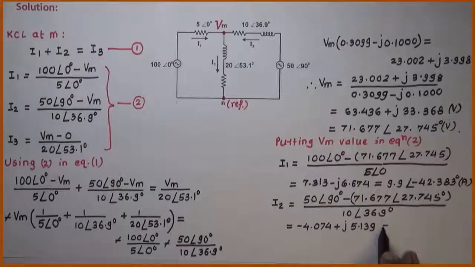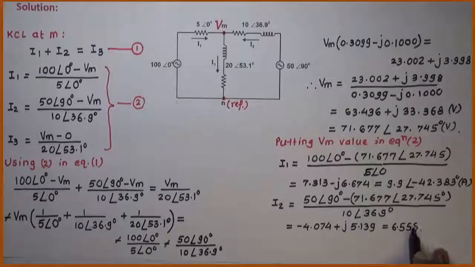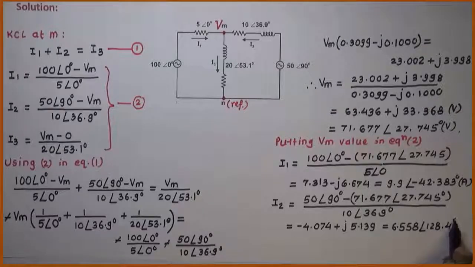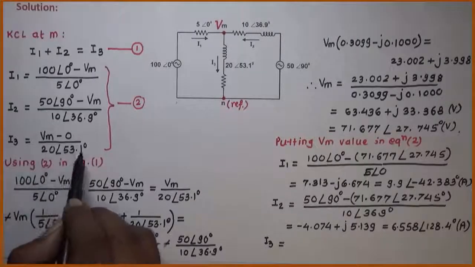In polar form, it is equal to 6.558∠128.4 degrees amperes. Similarly, if you calculate I3, it is equal to Vm divided by this.